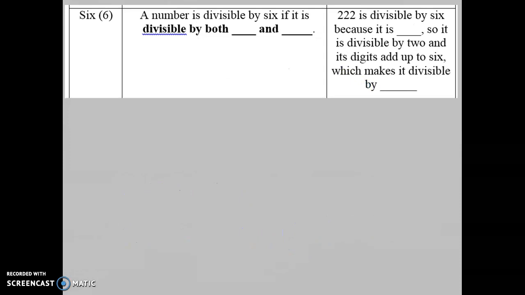A number is divisible by 6 if it is divisible by both 2 and 3. So you have to test the rules for 2, meaning the number is even, and for 3, so add up the digits to see if it's a multiple of 3, and if it fits both of those rules, then it's divisible by 6. It has to fit both rules, not just one.